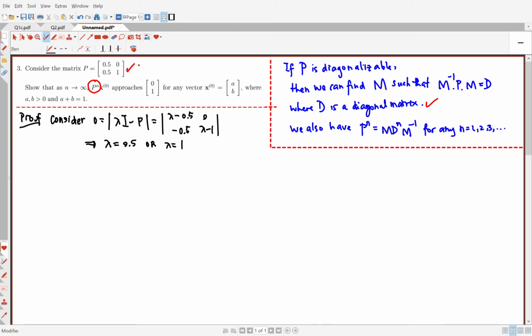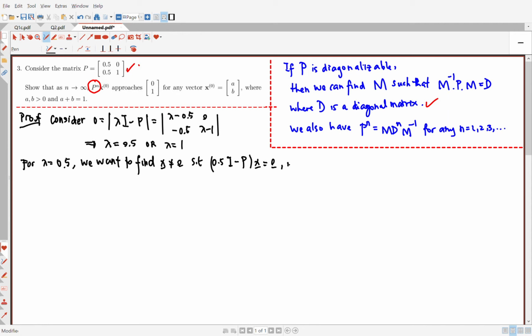Next we need to find the eigenvector for this eigenvalue and the eigenvector for that eigenvalue. So let's do it one by one. For lambda equal to 0.5, we want to find x not 0 such that 0.5 I minus P multiplied by x is equal to 0.